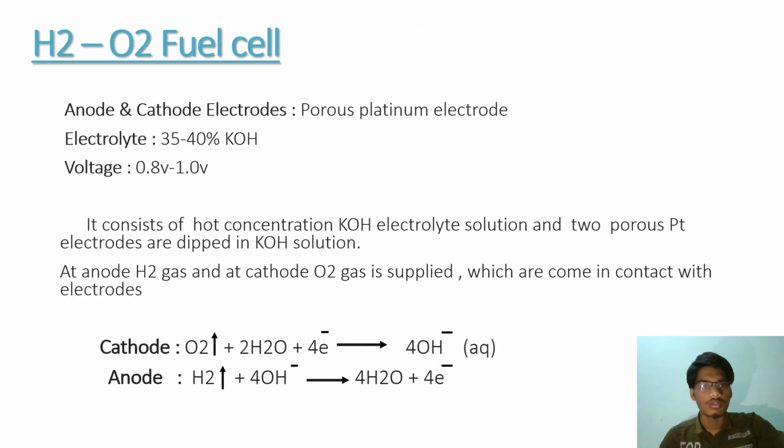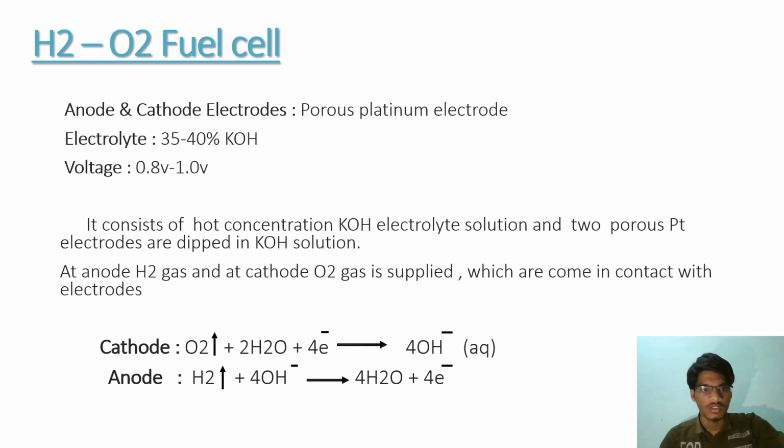First, the H2-O2 fuel cell. The anode and cathode electrodes in this fuel cell are porous platinum electrodes. The electrolyte is 35 to 40% KOH solution. The voltage capacity is 0.8 volts to 1.0 volts.